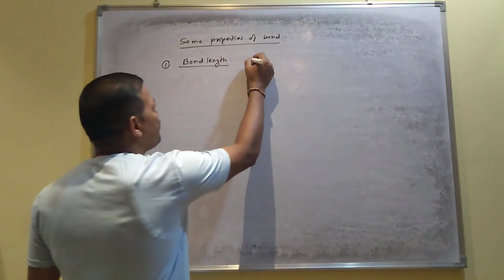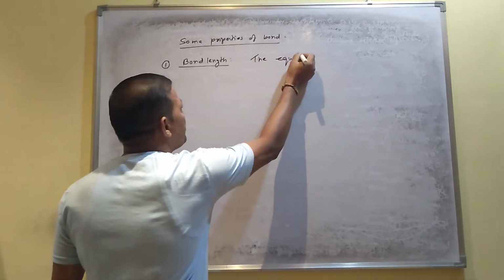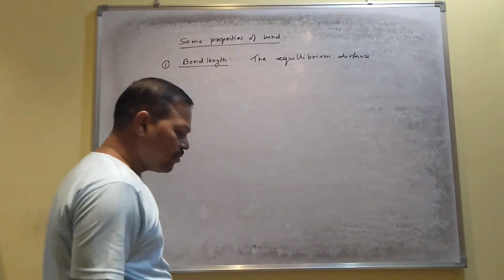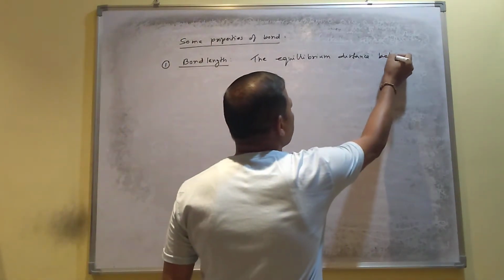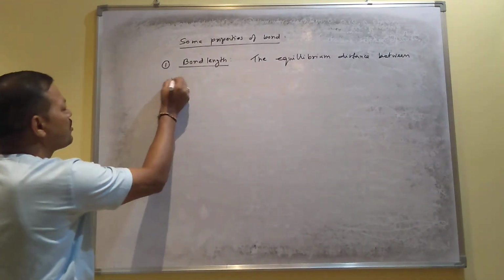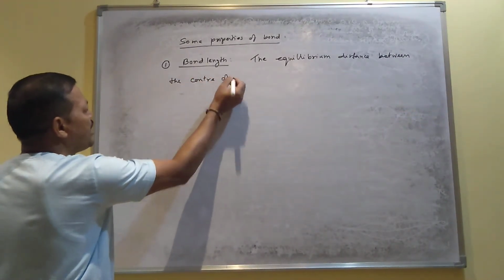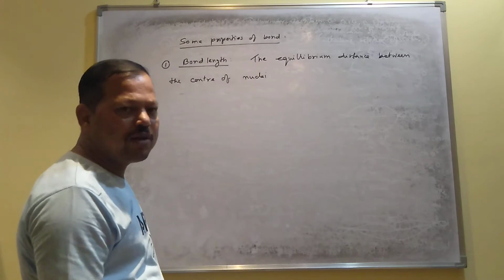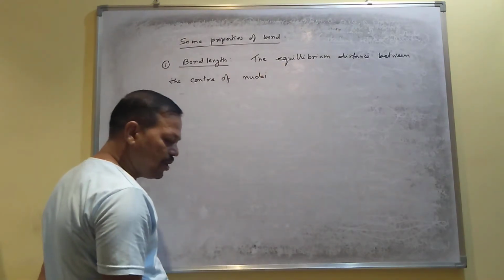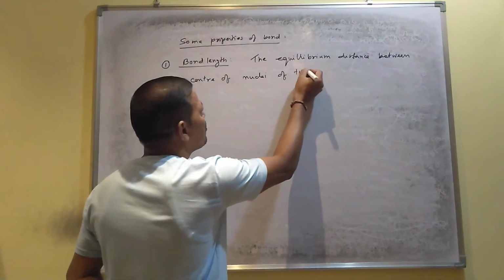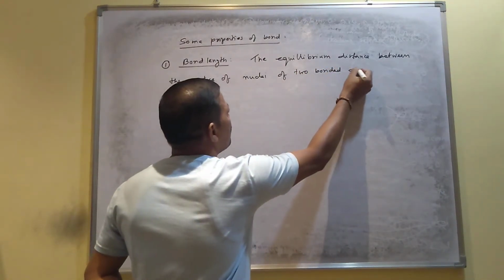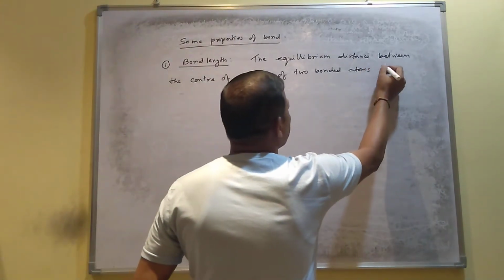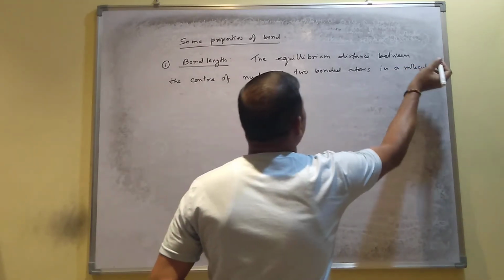So what is bond length? If you want to write the definition, the equilibrium distance between the center of nucleus, nuclei being the plural form of nucleus, of two bonded atoms in a molecule.